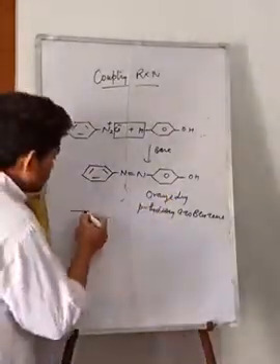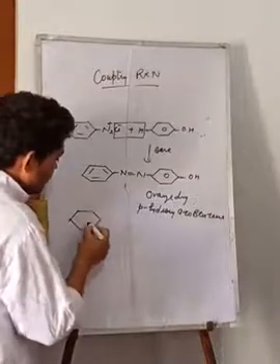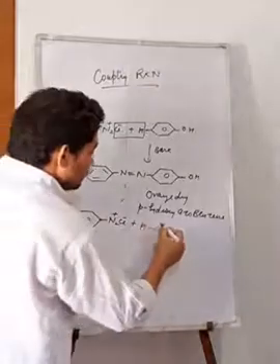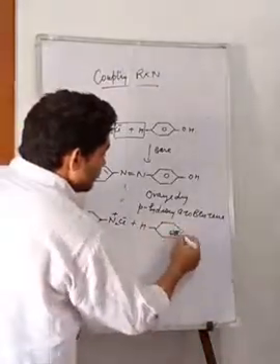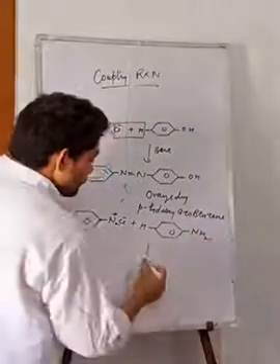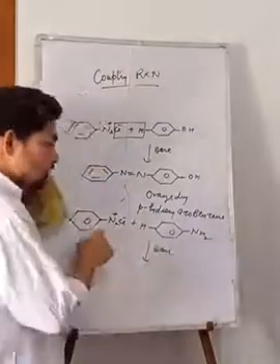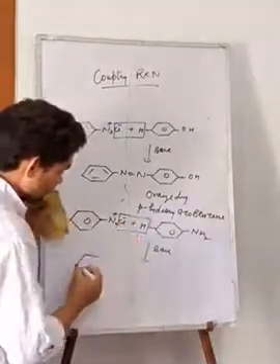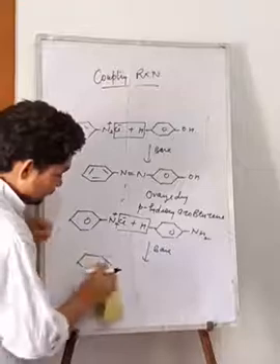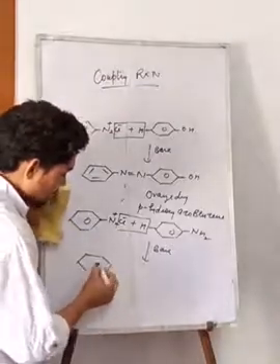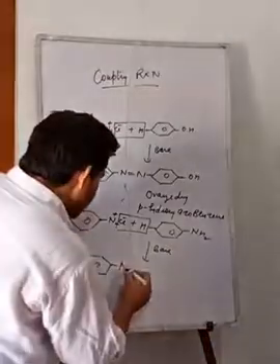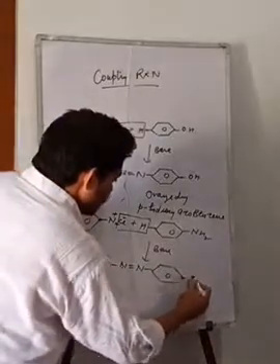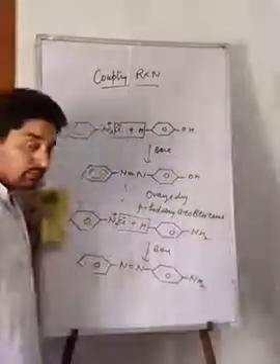But when the diazonium salt is treated with aniline in the presence of base, there is the elimination of HCl and the formation of this compound, which is also a dye.